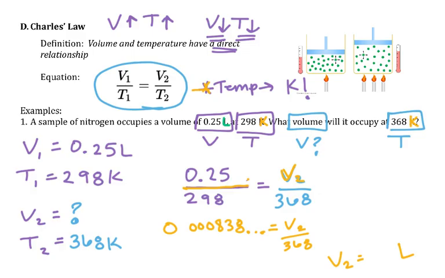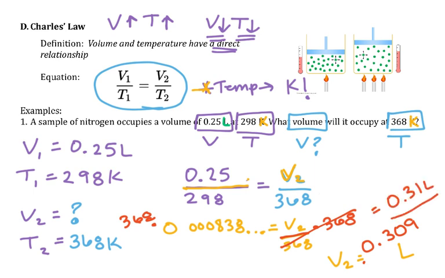How do we get V2 by itself? Well, the opposite of dividing is multiplying, so I'm going to multiply both sides by 368. And then I get my answer. So V2, I got 0.3087.